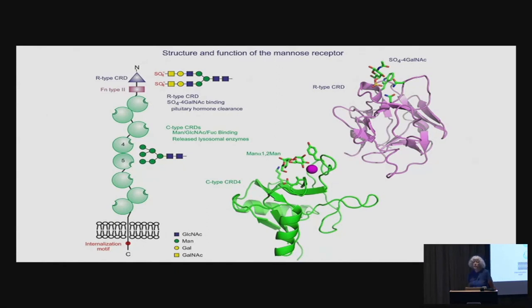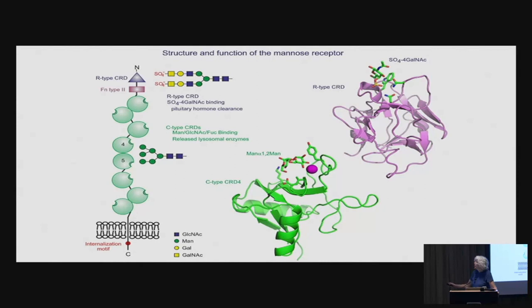The types of ligands which would have high mannose oligosaccharides on them are lysosomal enzymes. This protein binds released lysosomal enzymes that are released at sites of inflammation or tissue damage. You don't want them hanging about in the circulation, and this takes them out of circulation.